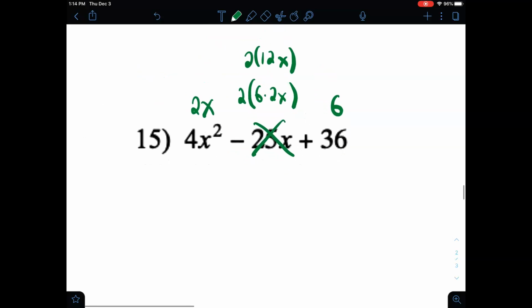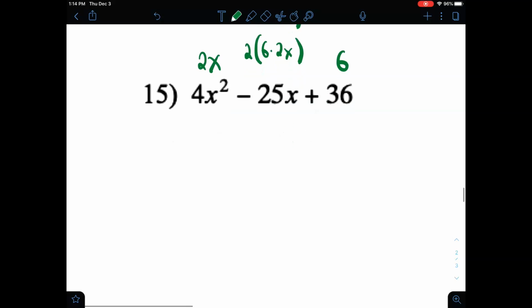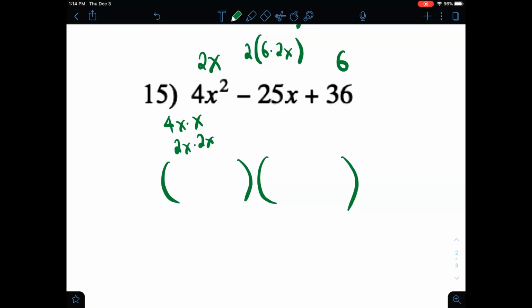Okay? So we need to go ahead and solve this now. So let's erase this stuff here. So we need to do the smiley face method. So we need factors of 4x squared. That's either going to be 4x times x or 2x times 2x.